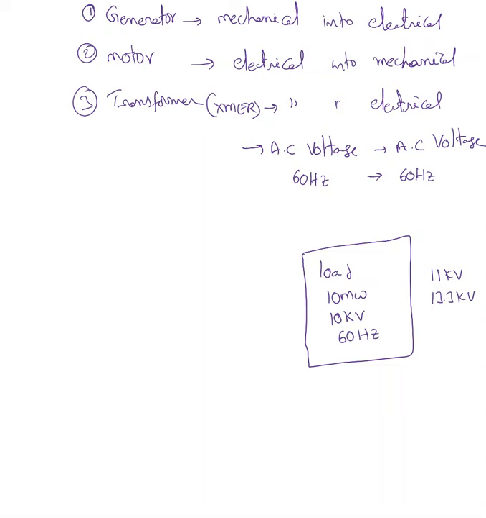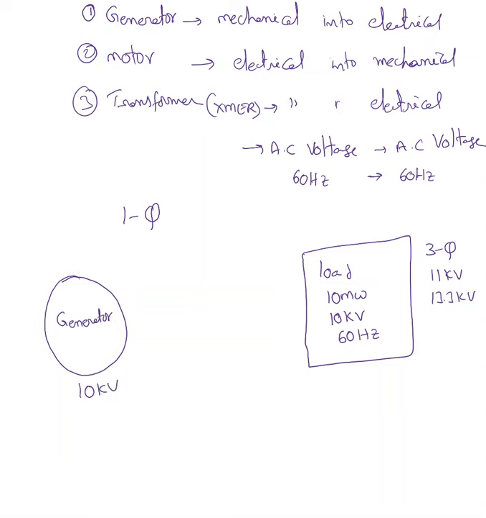Most of the time you will see a three-phase system, but just for our convenience, I'm taking it as a single-phase system. Here is a power plant, a generator, supplying energy to the load.